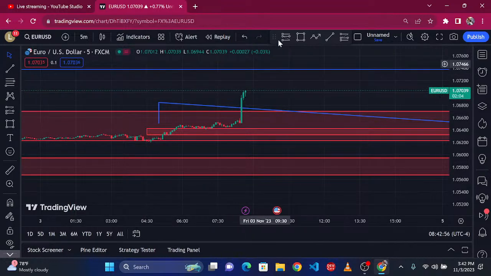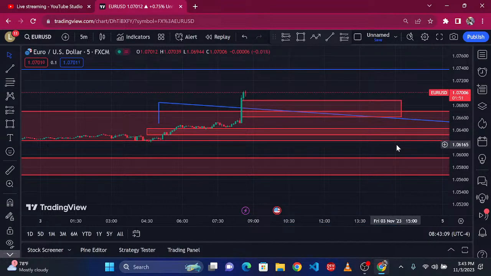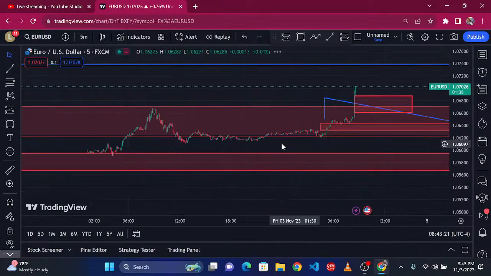Okay, so now this has qualified to be a fair value gap because this one has closed and this one has opened. So we have another one right here. 3 of them now. I want this market to come back to this line. That one. And it goes on that line. That's where this high is.